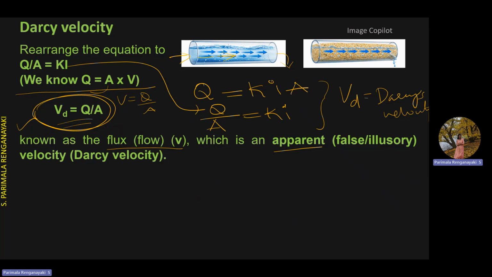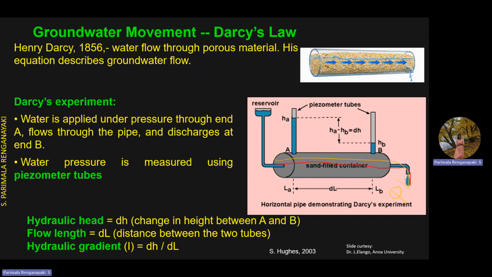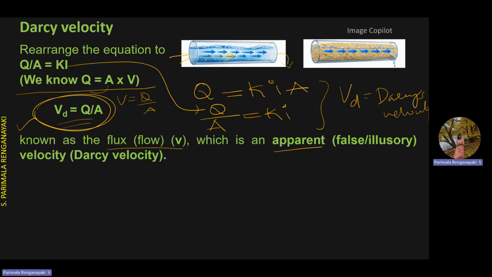But in Darcy's cylinder, the water is moving through the pores, because the cylinder is filled with sand and within that the water is allowed to move. Now, what is missing in this velocity? The pore space.